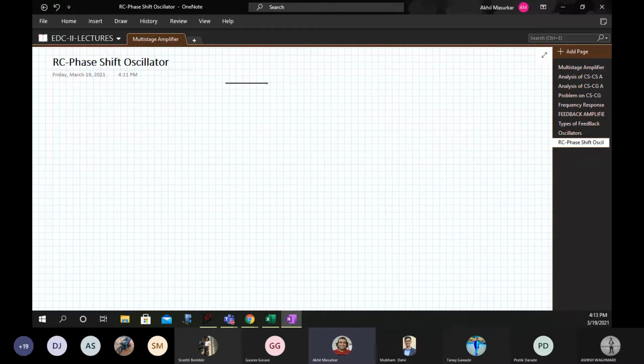Let me draw that. All of you should start drawing this. This is your simple CE amplifier. There are lots of derivations in this, so we'll just see that.